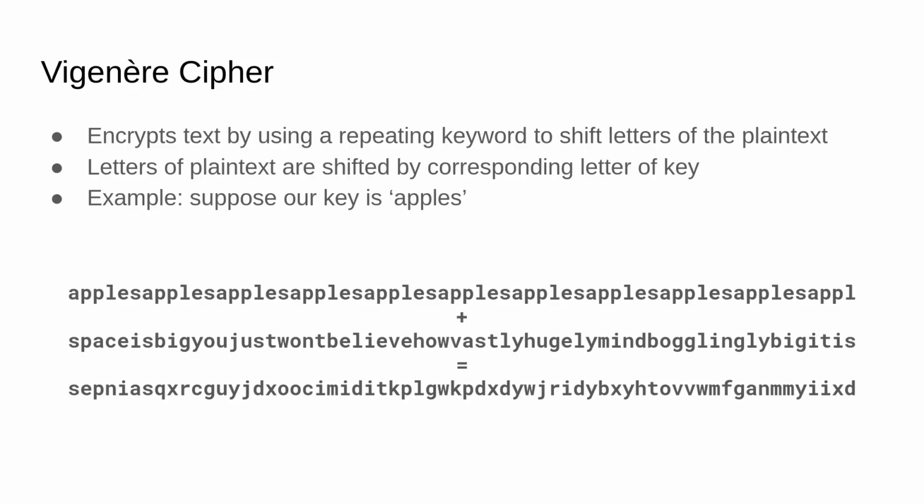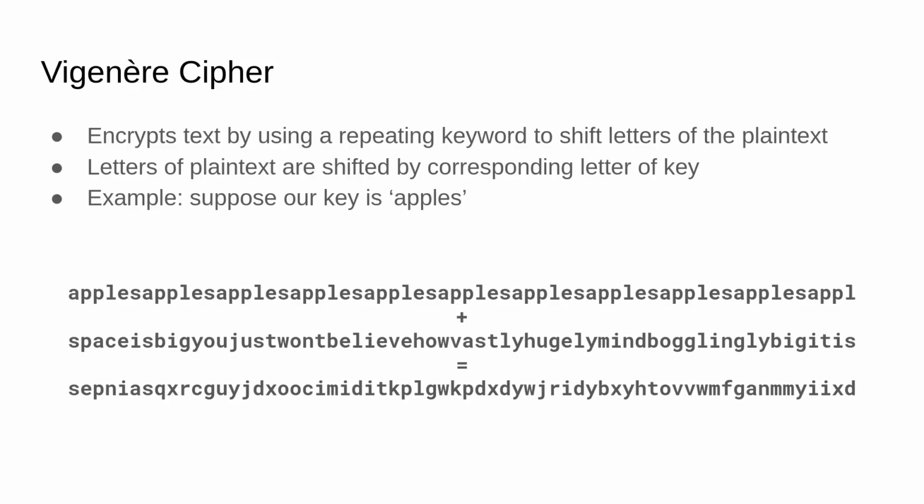Each letter of the plain text is then shifted by an amount from the alphabet according to the corresponding letter of the key. For example, if the key letter is A, then the shift is 0. If it's B, then the shift is 1, and so on. By doing so, the plain text is transformed into the encrypted message shown below.